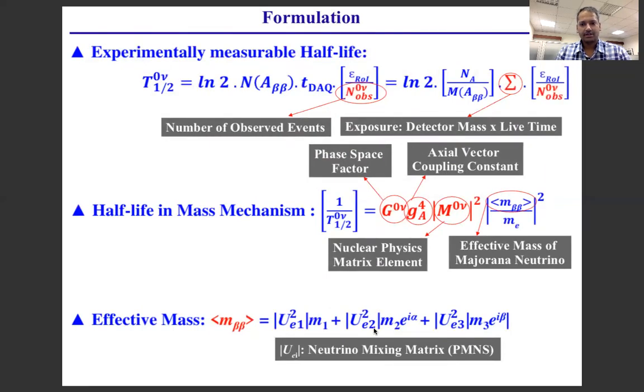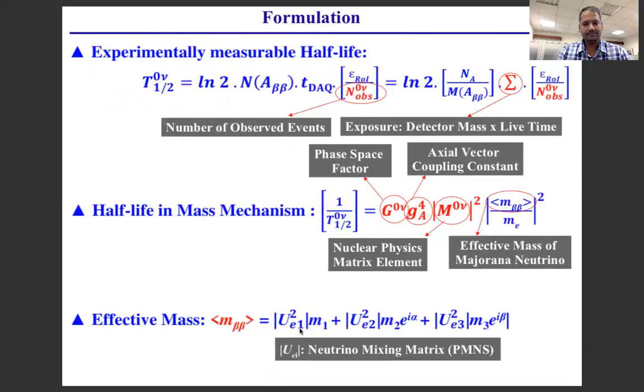Of these, the phase factors are exactly calculable and calculated, but there are several models for the calculation of the axial coupling constant and nuclear matrix elements. The effective mass m_ββ is given like this, where U_ei are the mixing matrix elements, and alpha and beta are the Majorana phases.